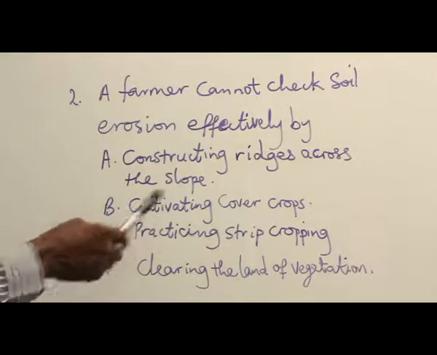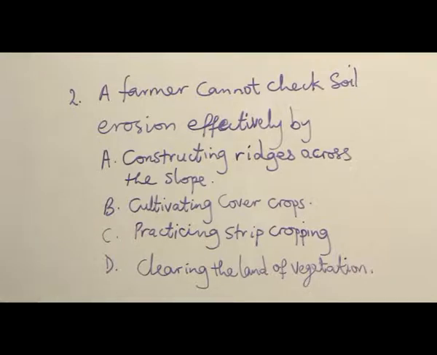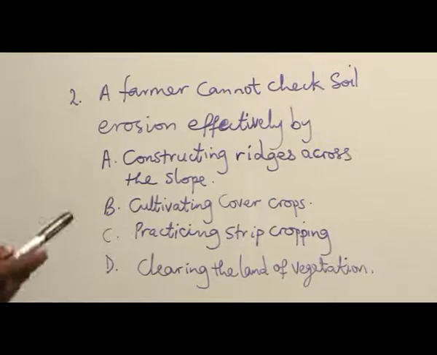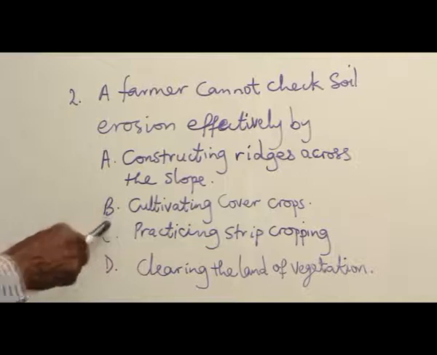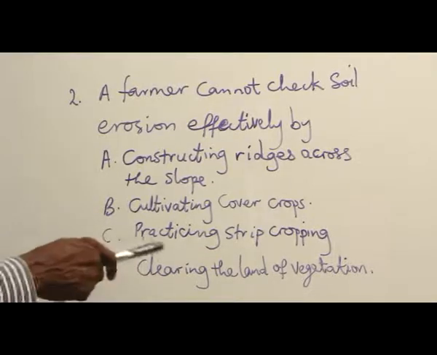Cultivating cover crops like mucuna and so on. All those cover the soil against the force of erosion like winds or rain. So that one checks erosion effectively. Practicing strip cropping.